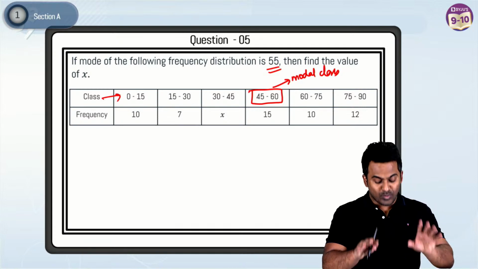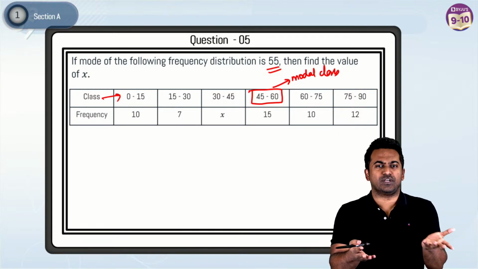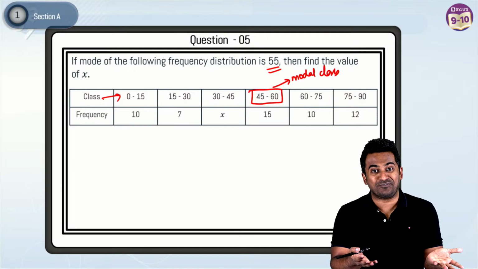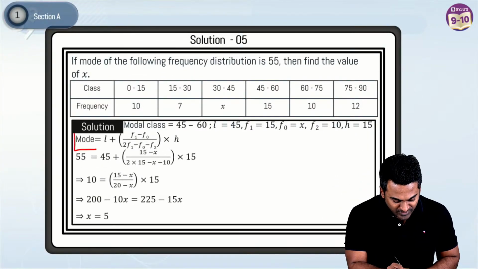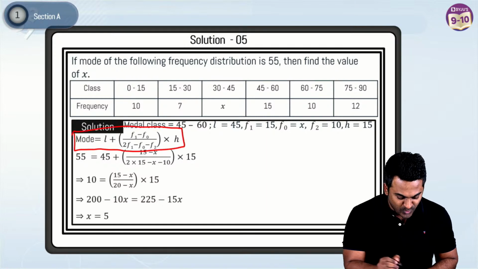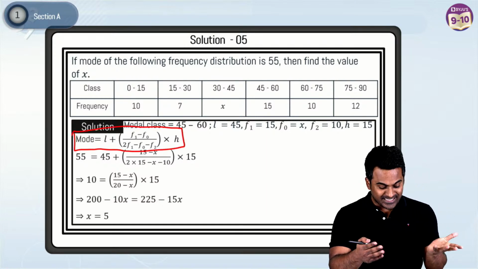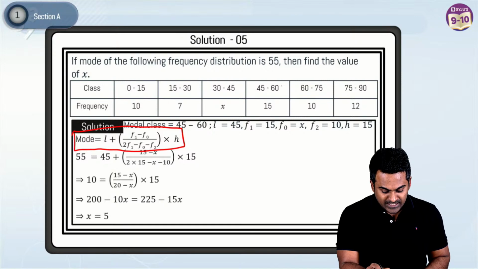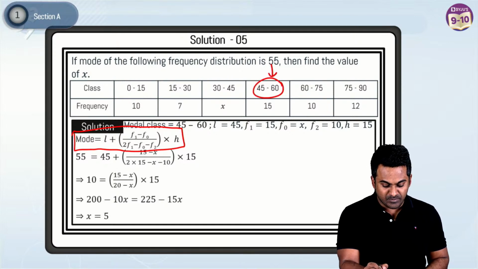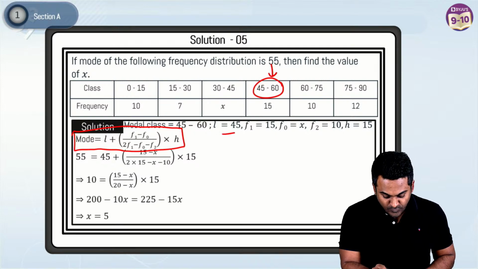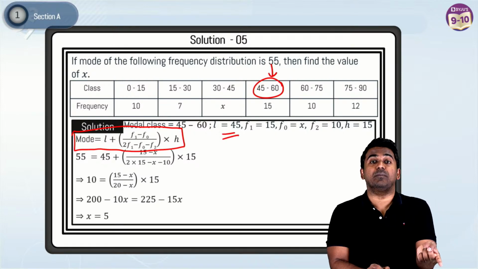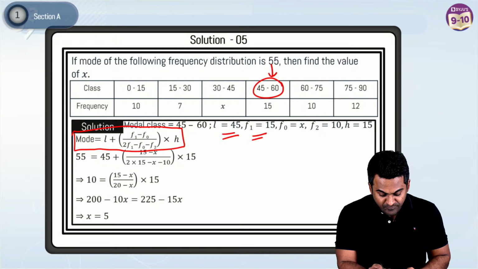And that's it. Once you figure out the modal class, the rest of it is going to depend on whether you remember the formula for this or not. Let's go ahead and check out the formula. Okay, so this is going to be the formula to figure out the mode. I'm sure you remember all the variables, what they stand for. The modal class, as you've already seen, is 45 to 60 because 55 lies between these two. So L here is 45. What is L? The lower limit of the modal class. F1, the frequency of the modal class.